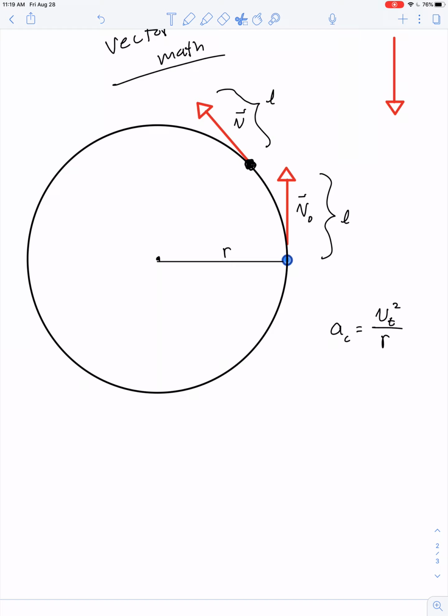Okay, so in general, an equation for acceleration, let's say acceleration is final velocity minus initial velocity divided by time. So if all we did was subtract the magnitude of the initial velocity from the magnitude of the final velocity, you would think the numerator then would be 0.